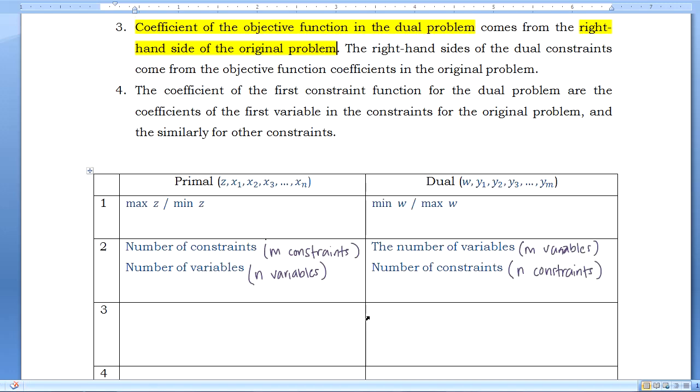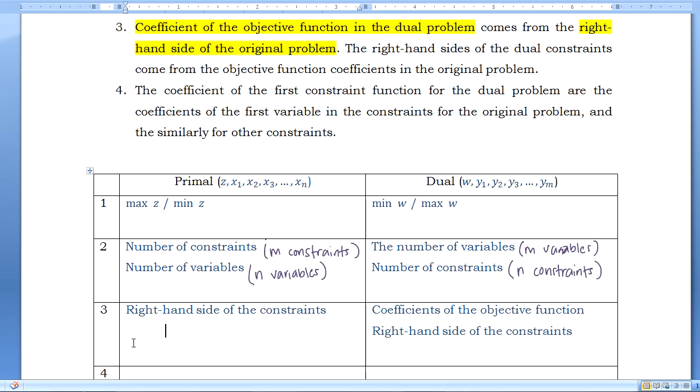Okay, coefficient of the objective function in the dual come from the right hand side of the primal, and the right hand side of the dual come from the coefficient of the objective function in the primal.